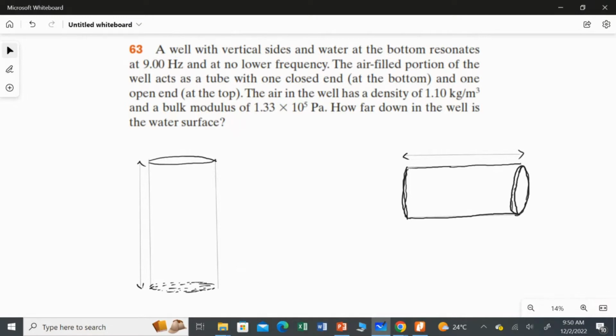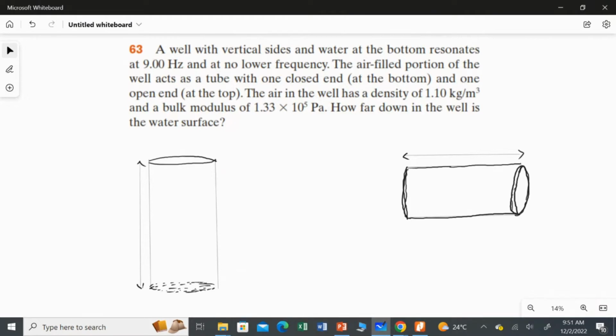The air-filled portion of the well acts as a tube with one closed end, which is at the bottom, and one open end, which is at the top. The air in the well has a density of 1.1 kilogram per meter cube and the bulk modulus is 1.33 multiplied by 10 power 5 Pascal. How far down in the well is the water surface?